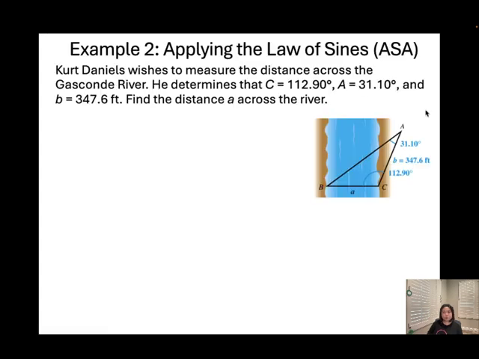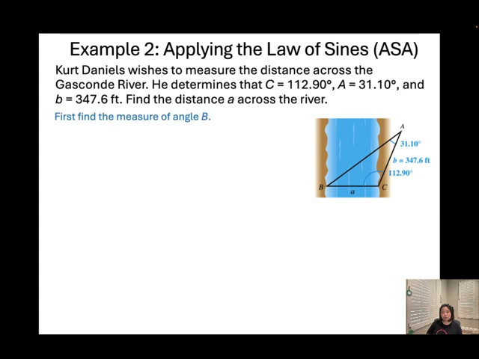Okay, example 2. This is the angle, side, angle case. Okay, the side is in between two angles here. And we want to find the distance a across the river. So we are looking for the a here. So what can we do?